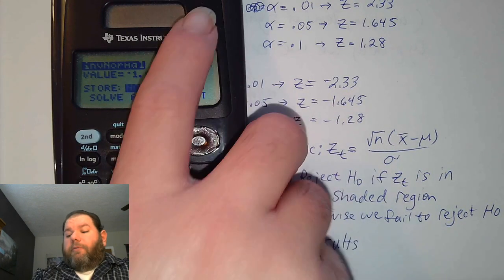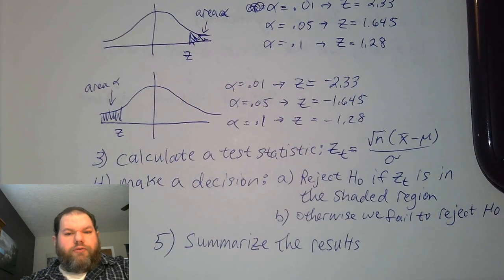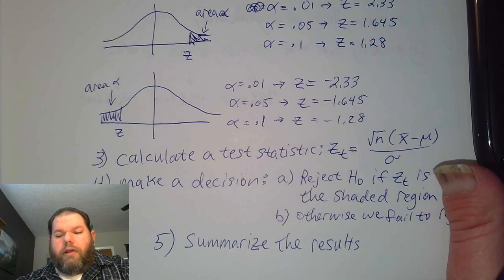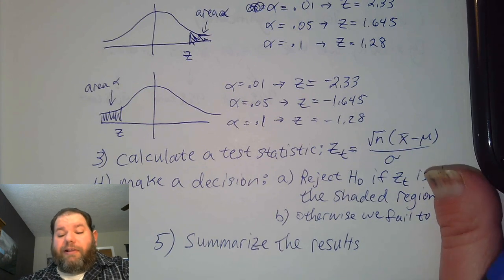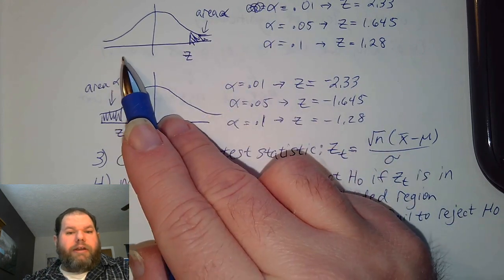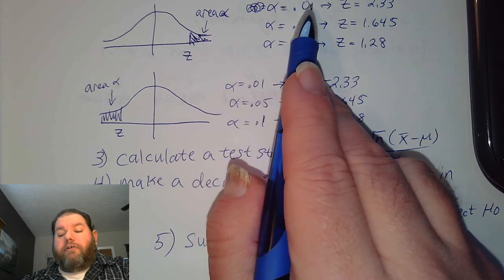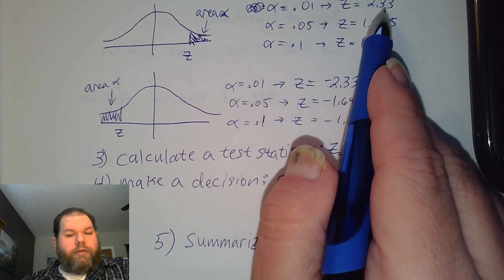We can do the same for the opposite side, but remember in this case, our inverse normal is a percentile, which basically means the area to the left. So if we want 0.01 to the right, that means there's 0.99 to the left. So we would do the 99th percentile, and that would give us z equals 2.33.